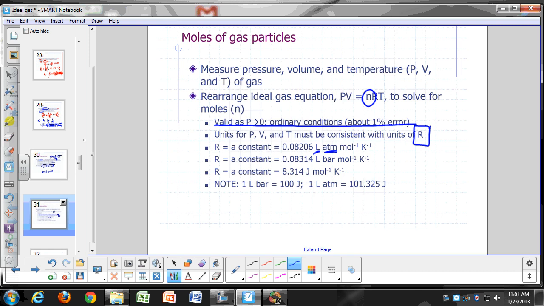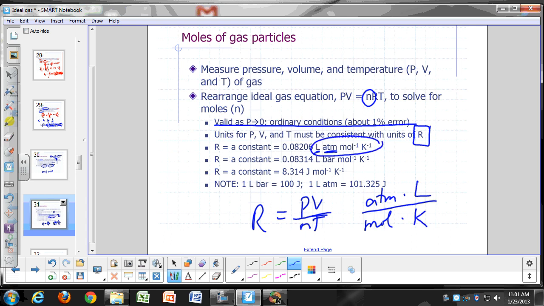Let's see where that unit comes from. R is PV over nT, if you rearrange PV equals nRT. So you need a pressure unit, atmosphere, times a volume unit, liters, divided by a unit for n, which is mole, and a unit for temperature, which is Kelvin. So you can see that's your unit for R.